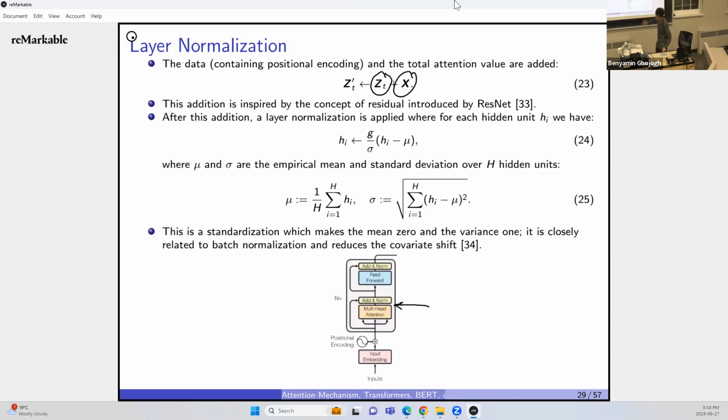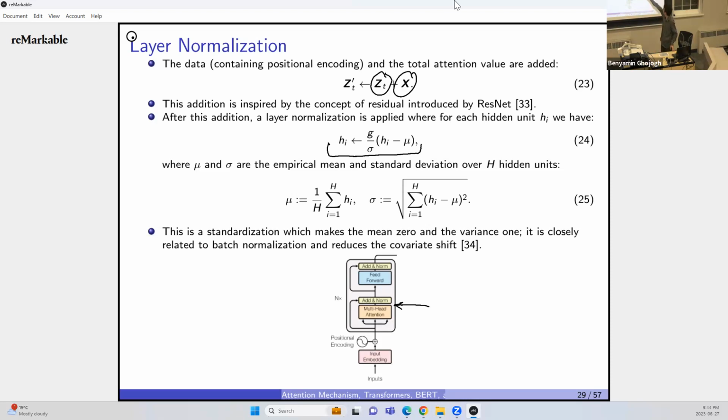Then they do this. What is this? You tell me. This is batch normalization. We already talked about it. Do you remember? What does batch normalization do? You subtract the mean and you divide by the standard deviation in order to standardize the data, or Z-score normalization.